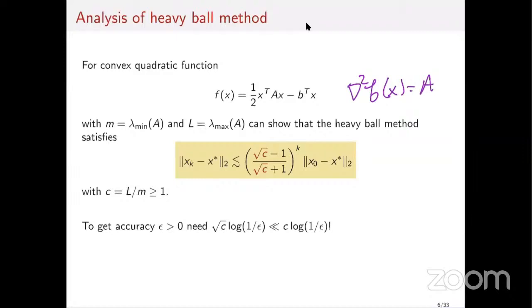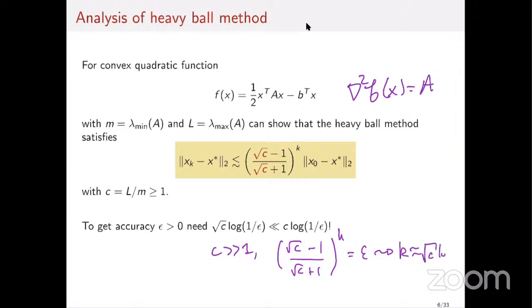So if c is much bigger than 1, and you want this quantity to equal epsilon, this tells you that k is roughly square root of c times log 1 over epsilon.